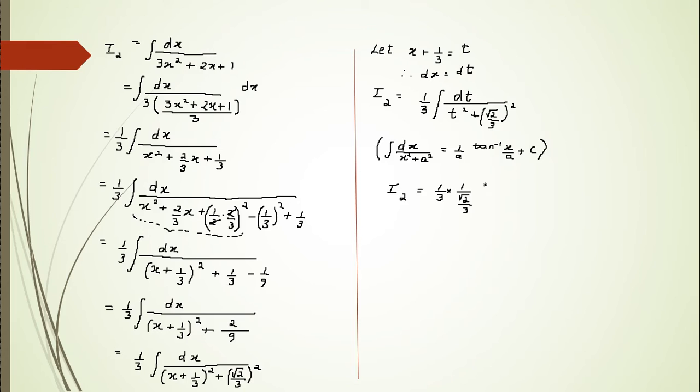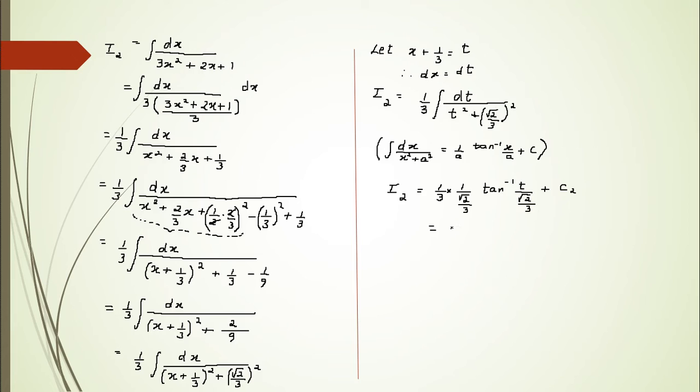Right? Tan inverse, okay, x by a, that is t by a. A is root 2 by 3 plus some c2 constant.